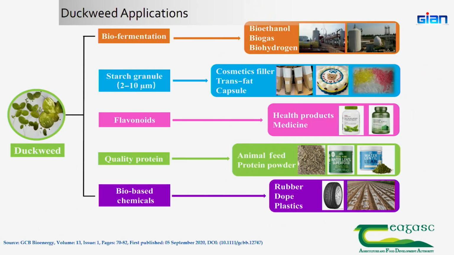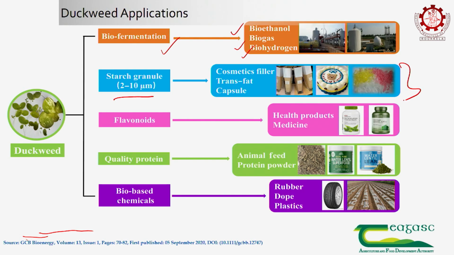So duckweed application, this has been taken from CGB bioenergy: duckweed fermentation, bioethanol, biogas or biohydrogen production, because it contains starch. Once you get the protein, what is left over is fiber and starch, which can easily be used for ethanol production and fermentation.